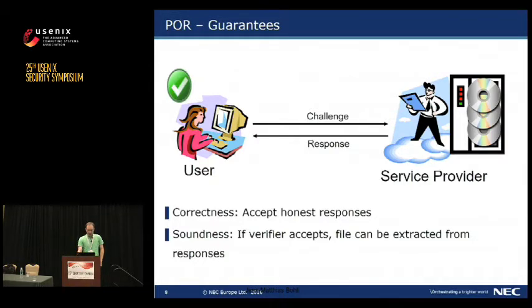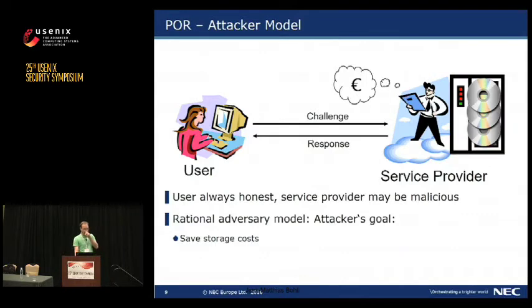The adversary model we use is that the user is honest. It's the user's data we are concerned with, and he will not corrupt his own data. And the service provider may be malicious, but we do not use a fully malicious model here, and adopt the rational adversary model, where the adversary's goal is to save cost.